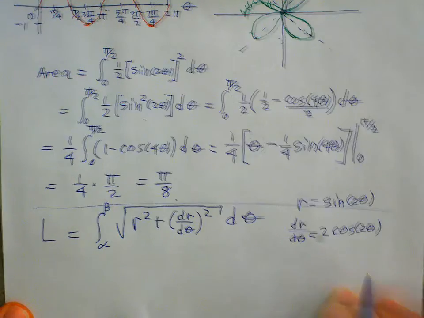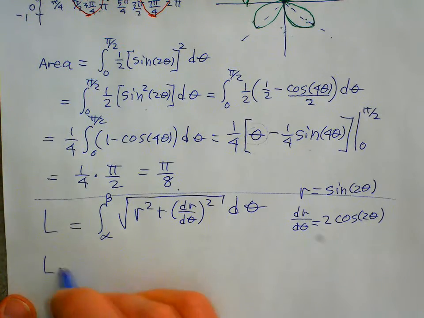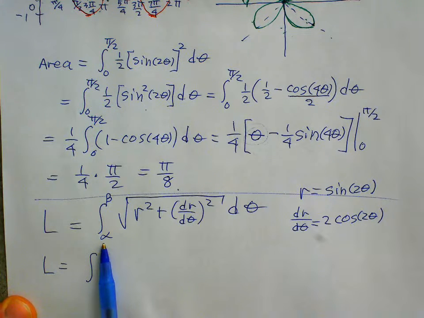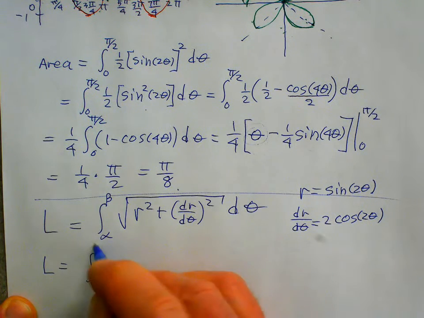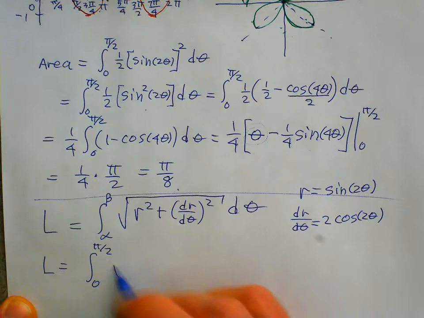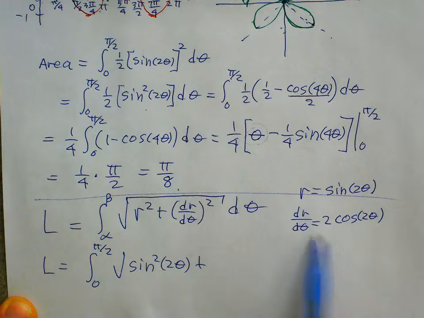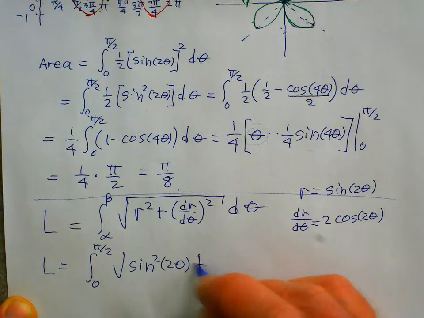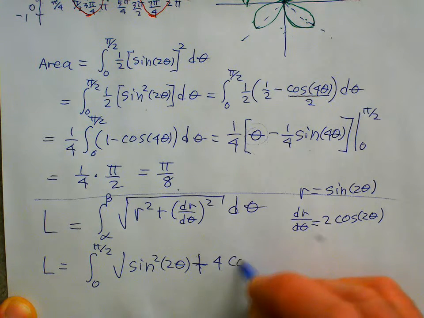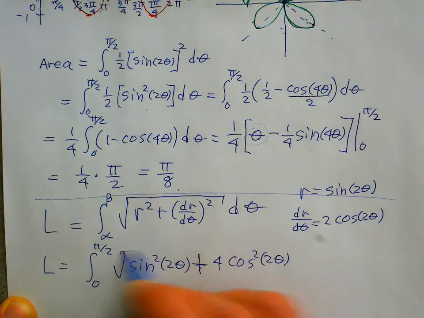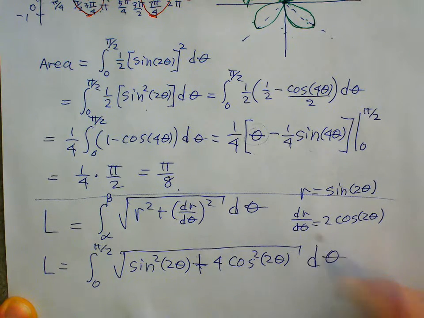When we square those, our integral will be from 0 to pi over 2 of the square root of sine of 2 theta squared, and then when we square the derivative, plus 4 times cosine of 2 theta squared. Okay, so that's the setup.